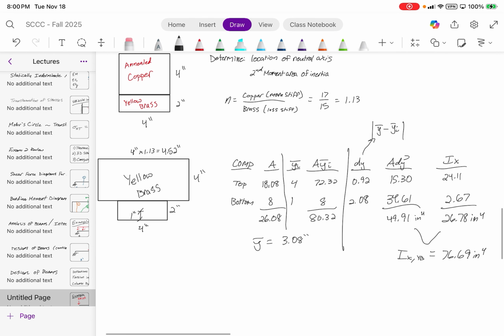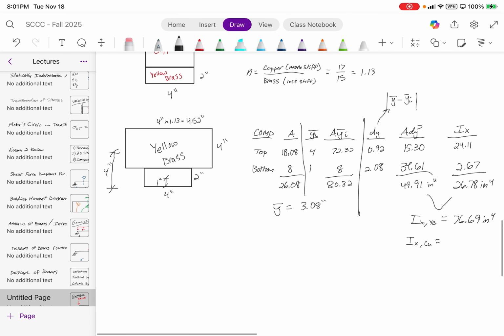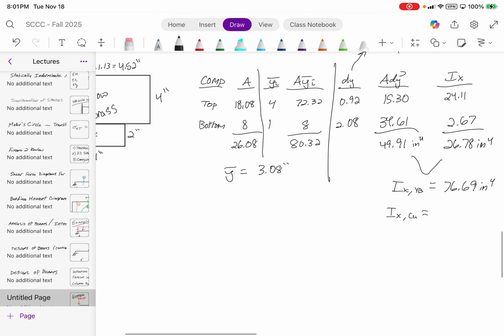Now, what if I asked you explicitly for Ix for the copper, and you accidentally did all of these transformation calculations for the yellow brass? Easy fix. Divide it by n, because what that does is it transforms all of your yellow brass to equivalent copper.